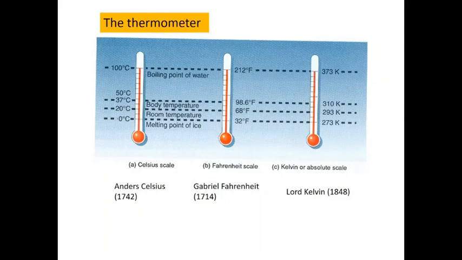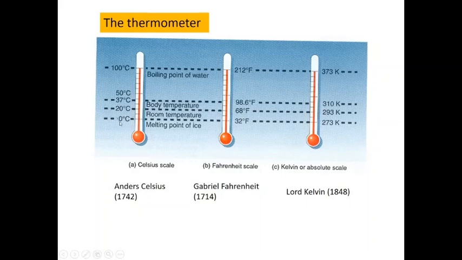And in order to measure temperature using thermometers, people first introduced the Celsius scale. Anders Celsius introduced this measurement in 1742, and the basis was 2 temperatures of water. The first one is the melting point of ice, or the freezing temperature of water, which is the same thing.